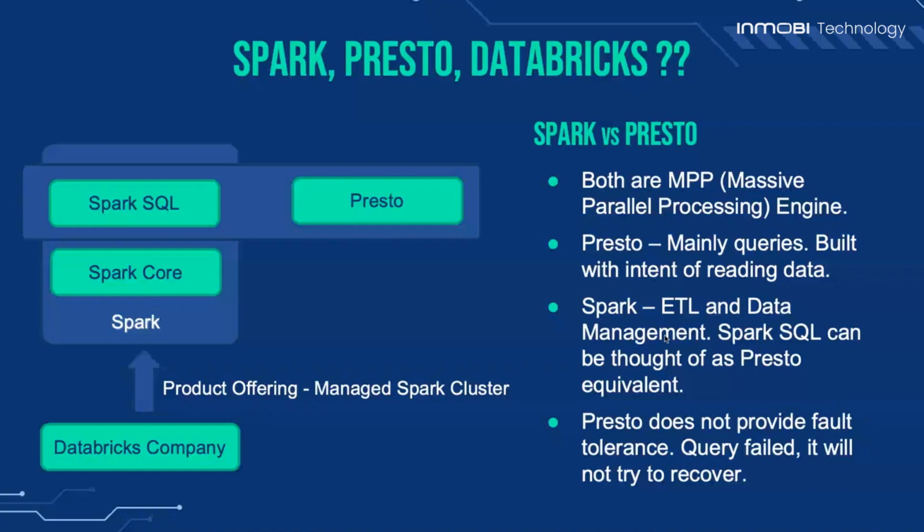Now there are certain things each does and does not do. Databricks has developed more of a SQL interface on top of the Spark core. Spark core is the massively parallel processing engine.